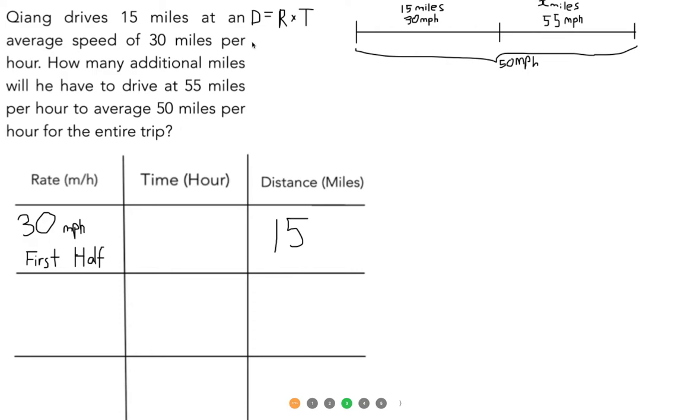And to find the time, we can substitute D with 15 and R with 30, so we get 15 equals 30 times T. And if we solve for T, we get half an hour. So we can write half in the time column.